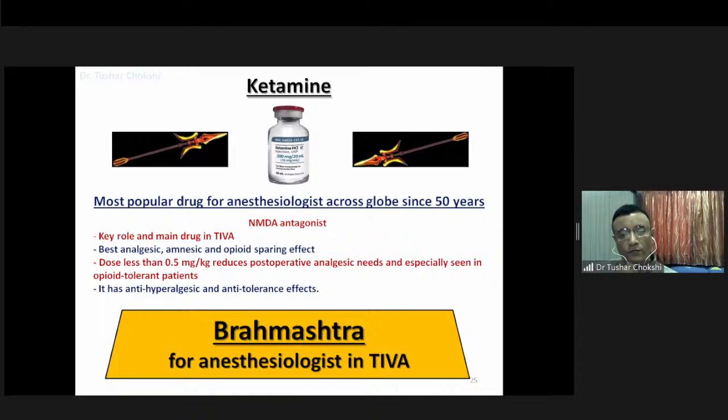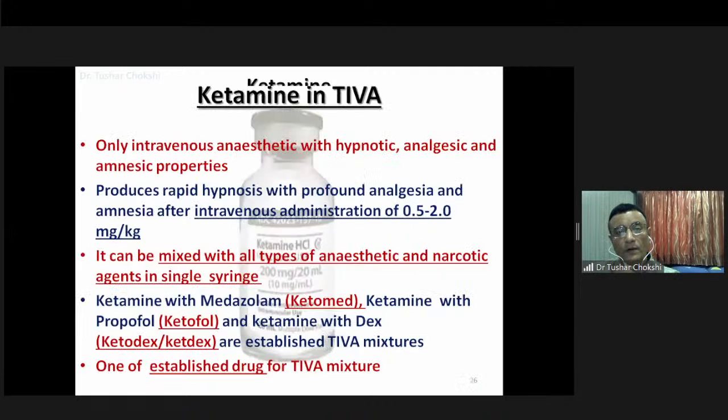Dose is less than 0.5 milligram, but you can give it as a sole anesthetic agent with some propofol up to 1 to 1.5 milligram. It has an anti-hyperalgesic and anti-tolerance effect also, and it is a very good indication even at the withdrawal of the narcotics when you are giving ketamine.